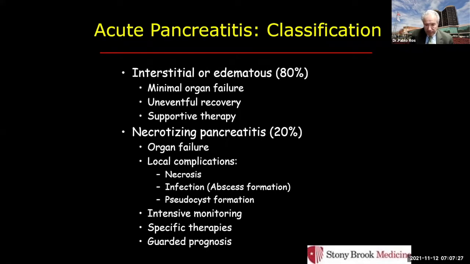Patients that get repeated CTs do better than the ones that are not imaged or sparsely imaged. There are very specific therapies, and the prognosis is guarded with a significant amount of mortality. So that's the common and critical components of acute pancreatitis.